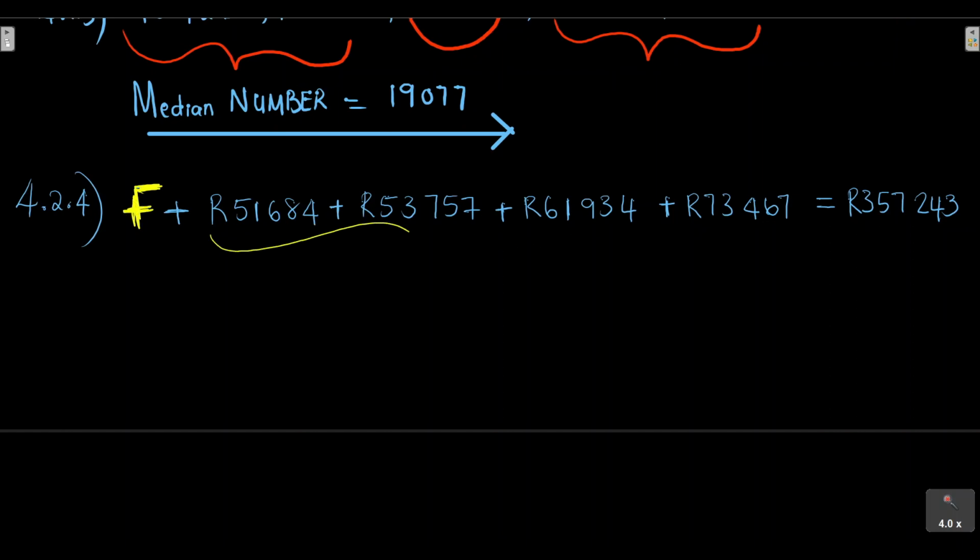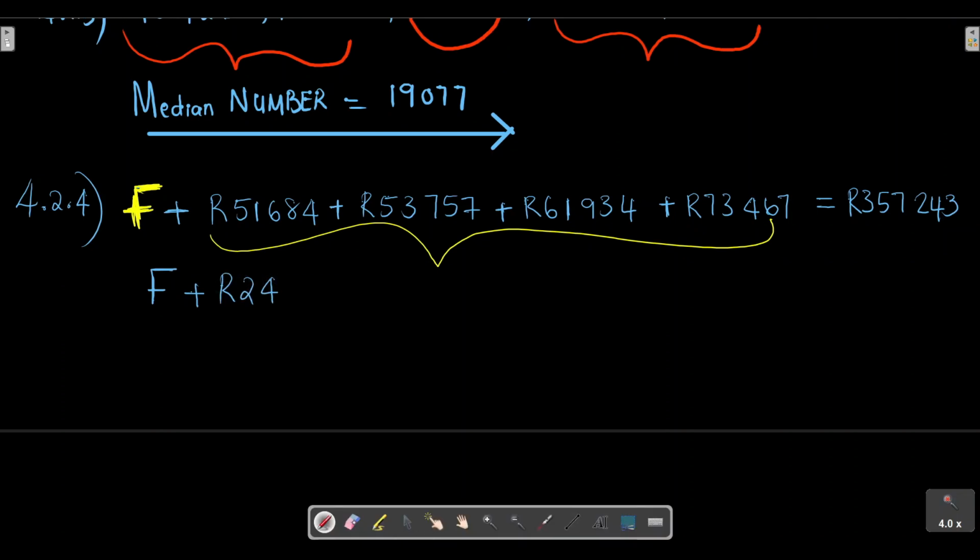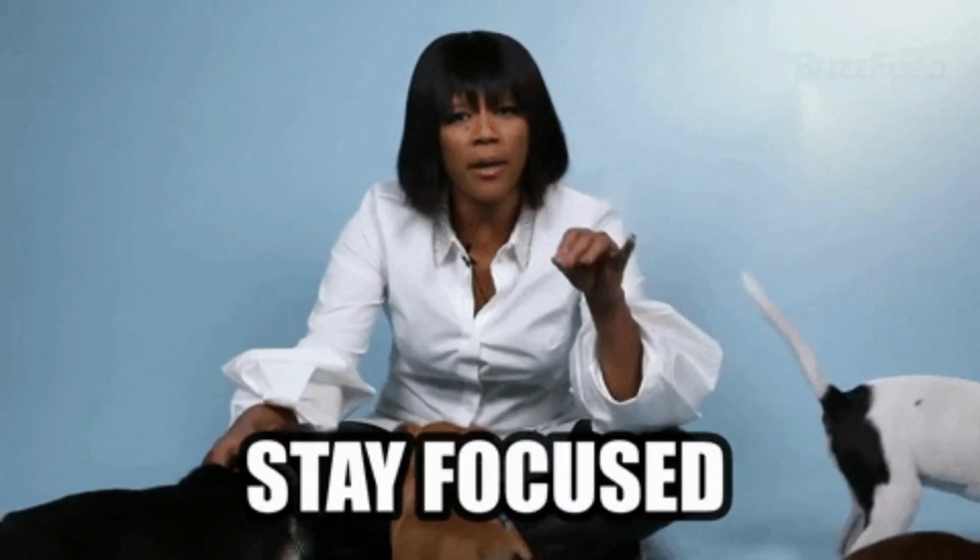So you can just add up all these values together. If you add them together, what do you get? You'll get 240,842. Okay, so in this case, f plus 240. Why am I putting rands there? Yeah, we love money, guys. We're calculating.